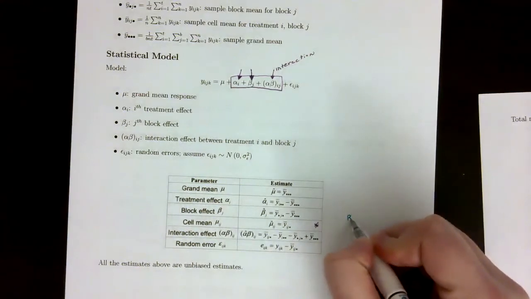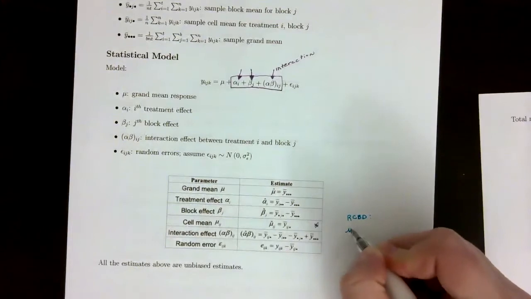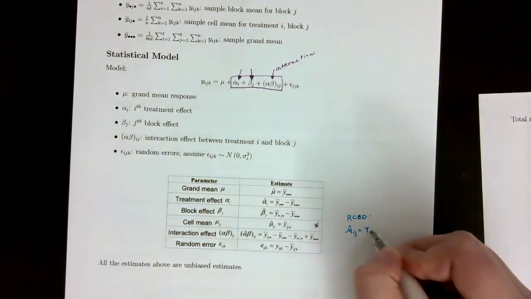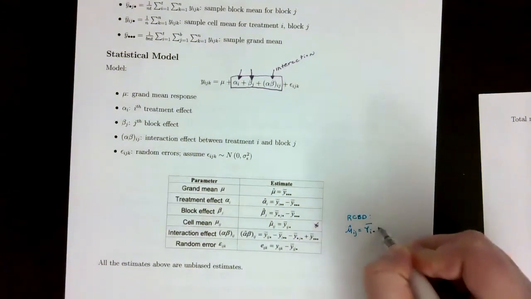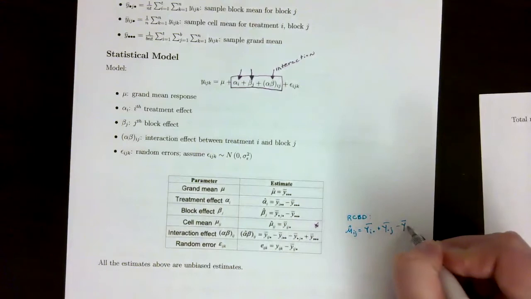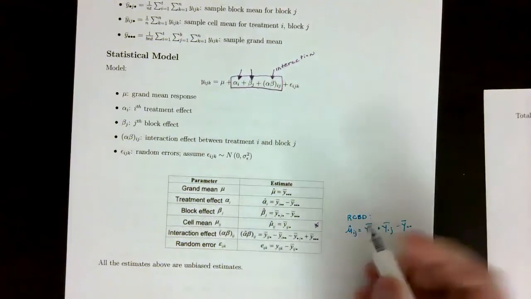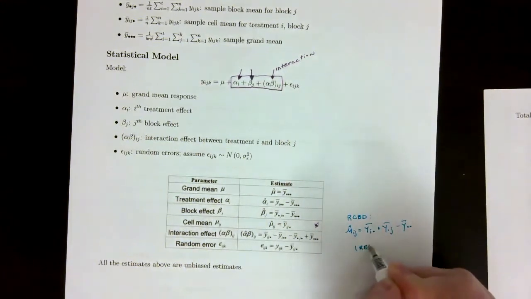Okay, so if we recall, in the RCBD, our mu hat ij looks something like this. It was the treatment mean plus the block mean minus the overall mean. The reason we had to do this was because we only had one replicate.